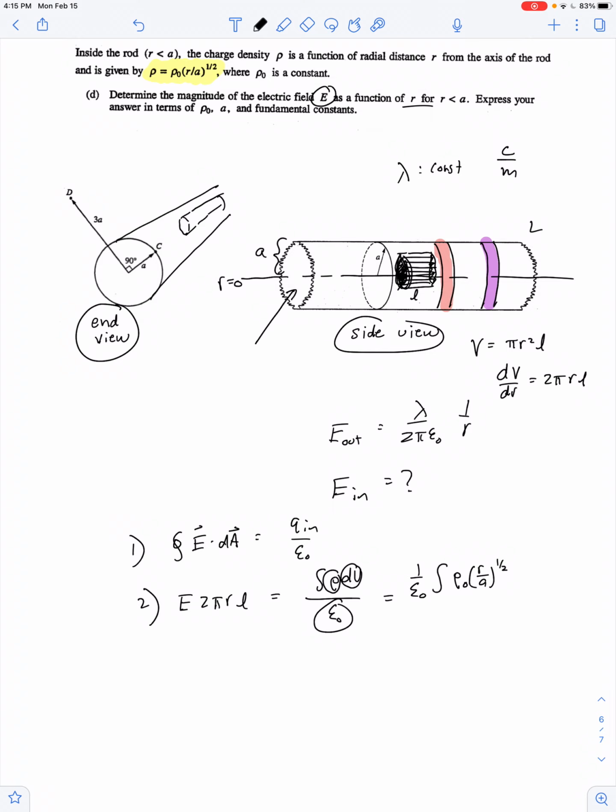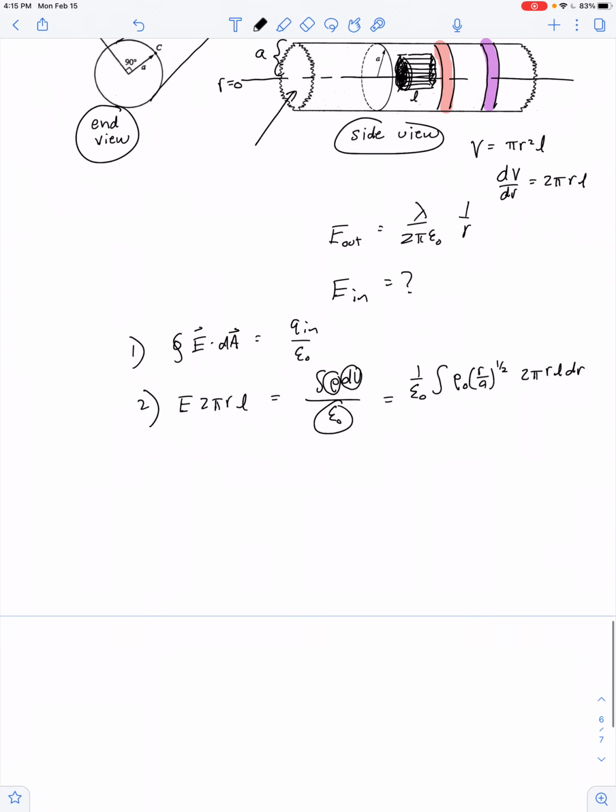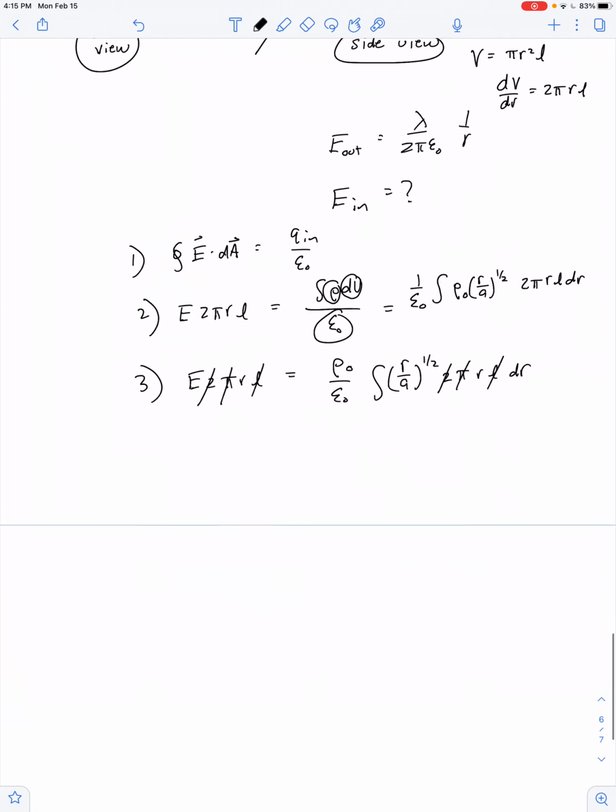So dV can be substituted with 2 pi rl dr. So E times 2 pi r lowercase l is equal to rho naught over epsilon naught, the integral r over a to the 1/2 power times 2 pi r l dr. Now the 2 pi and l would all be constants that we'd pull out of the integral, so we can cancel those.